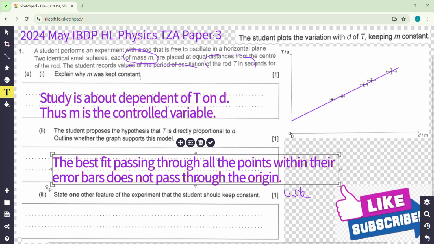That's enough. Just 1 mark. You can say it clearly. Well done.